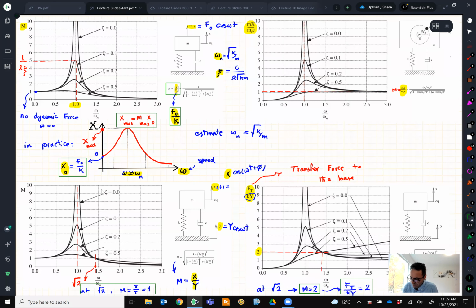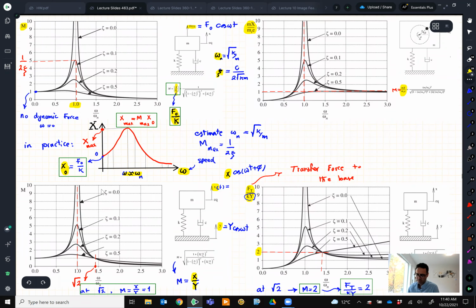So they managed to measure their X max. They know their X0. Voila, you have your M max. And M max has a formula. M max is 1 over 2 zeta.